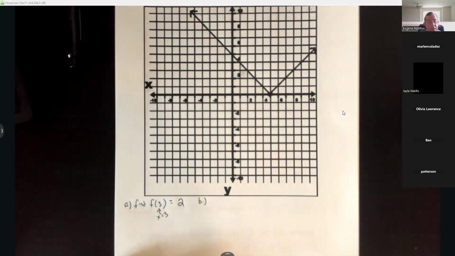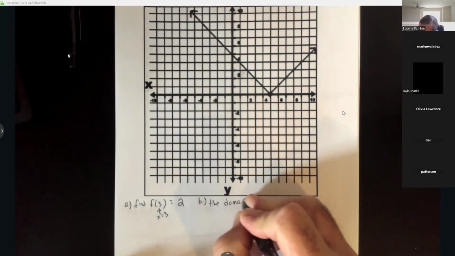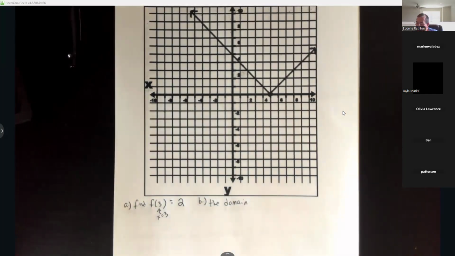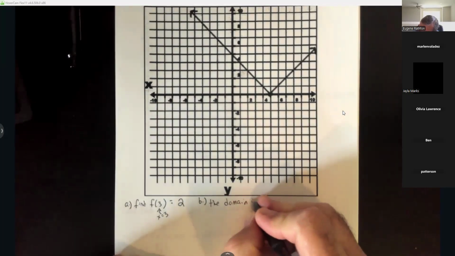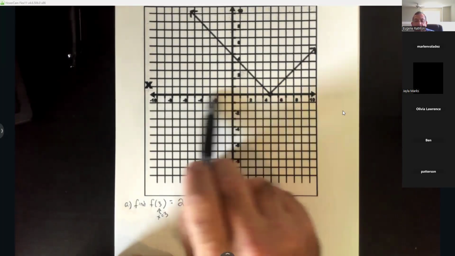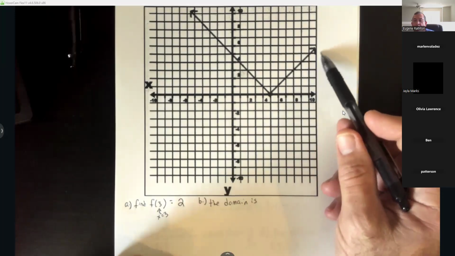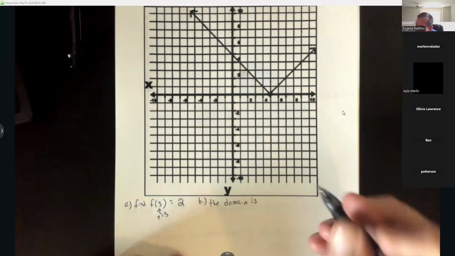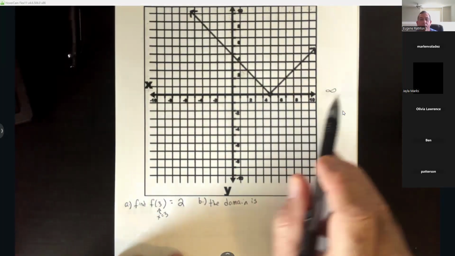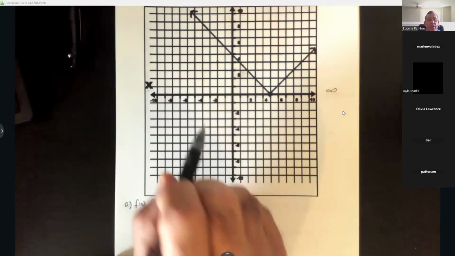All right, now this one's going to be a little trickier on the domain. So I'll sort of help us on this one. Notice the axis right here is for my domain, right? Well, this graph is going forever in the right direction. It's heading off towards what we would call positive infinity on these x's. And over here, this graph is going left as far as it can.